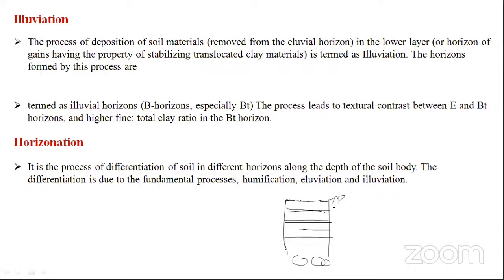Coming to that A, after that you can see some E, and after that you can see some B, or sometimes it is a BT, and later you can see C and R, and finally you can see bedrock. So this differentiation is due to the effect of the fundamental pedogenic processes, like humification, eluviation and illuviation. Due to these three processes, you can see this differentiation.